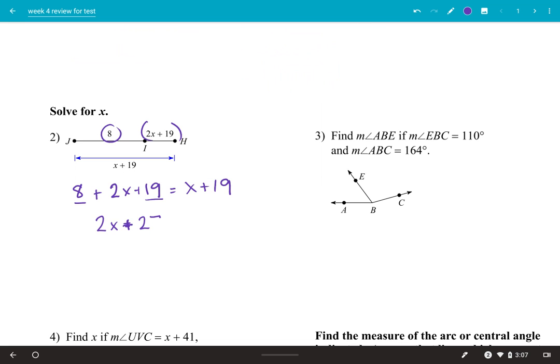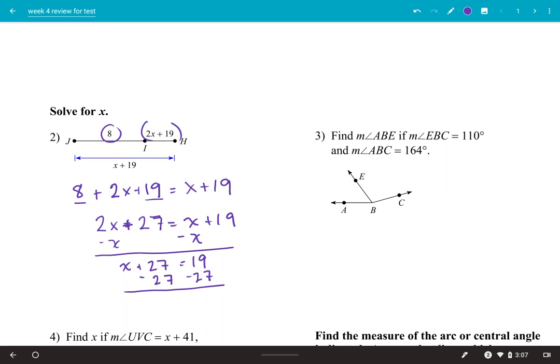Plus 27 equals x plus 19. Move your x's to one side. And you subtract. So we get x equals -8.